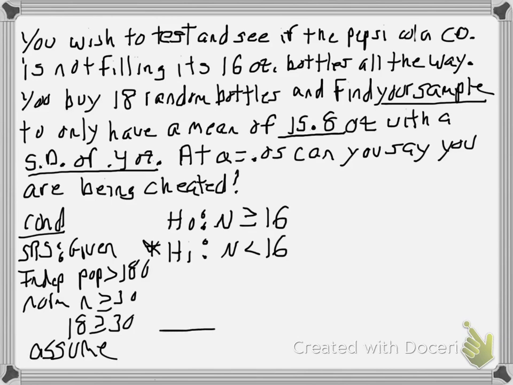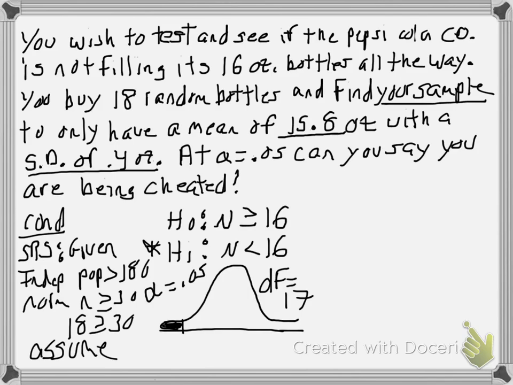All right, now, very important, critical values. This is a one-tailed test on the left-hand side because we're doing less than. Alpha is equal to 0.05. Degrees of freedom is equal to 17. Where did I get that from? Well, n is 18.